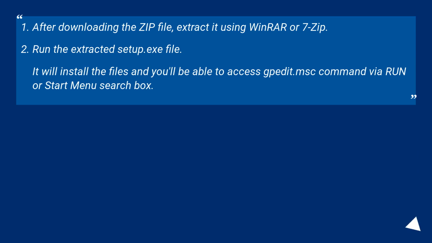After downloading the zip file, extract it using WinRAR or 7-zip. Run the extracted setup.exe file. It will install the files and you'll be able to access the gpedit.msc command via Run or Start menu search box.